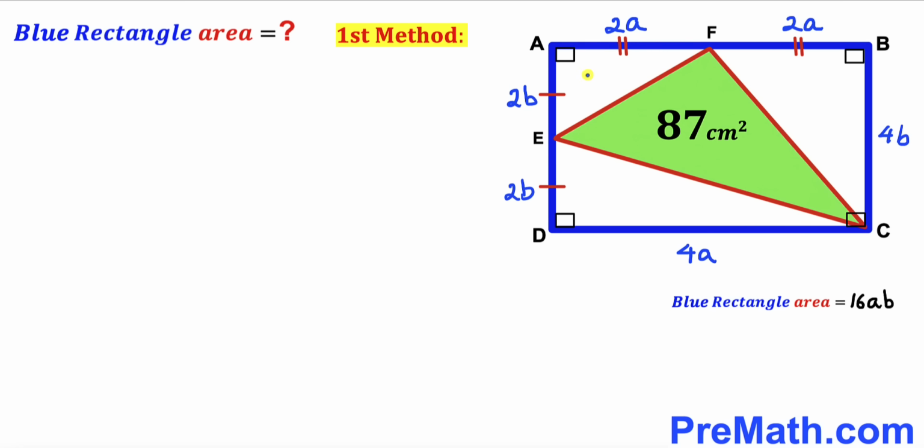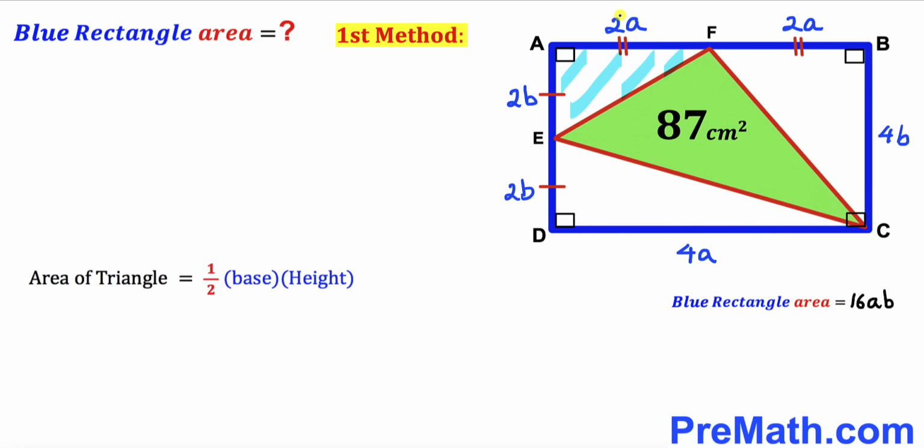In this next step, I am going to calculate the area of each of these right triangles one at a time. And now let's recall the area of a triangle formula. Area is always equal to a half times base times the height of the triangle. Now we are going to focus on this triangle.